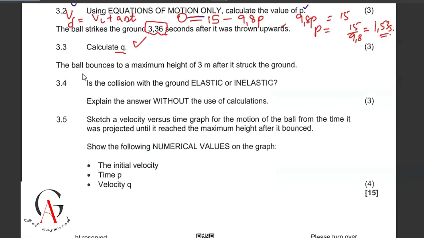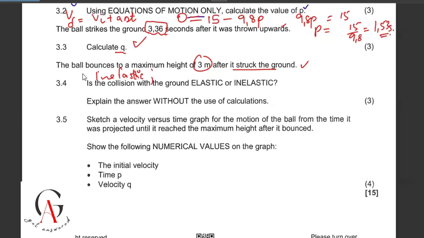And you're telling us that the ball bounces to a maximum height of 3 meters after it struck the ground. Is the collision elastic or inelastic? So the answer here should be inelastic, because if it was elastic, it was supposed to go back to the original height. So what is the explanation?